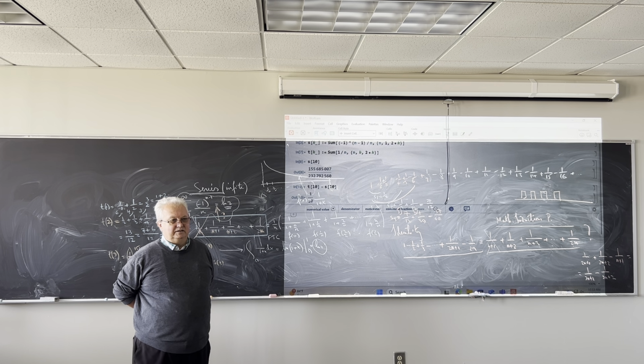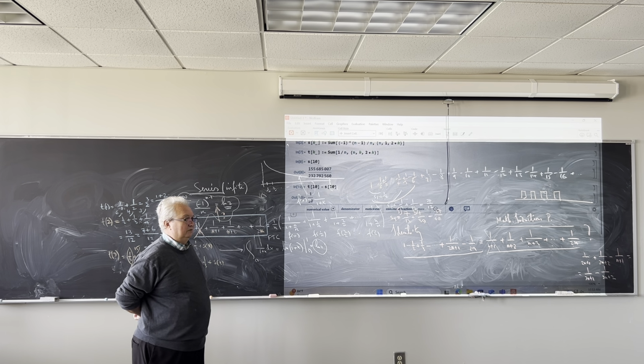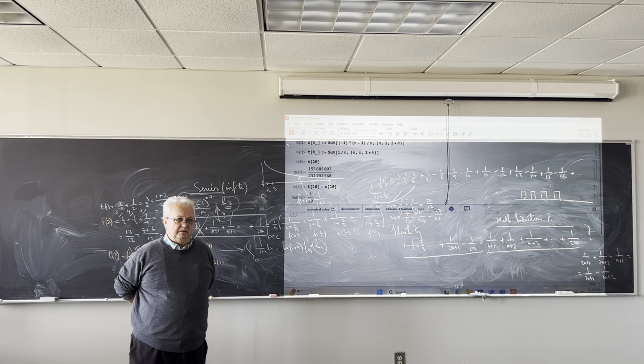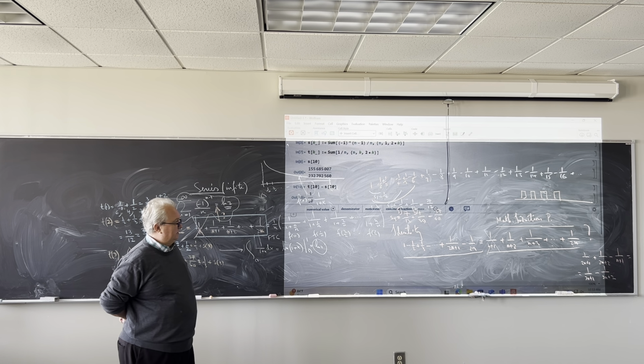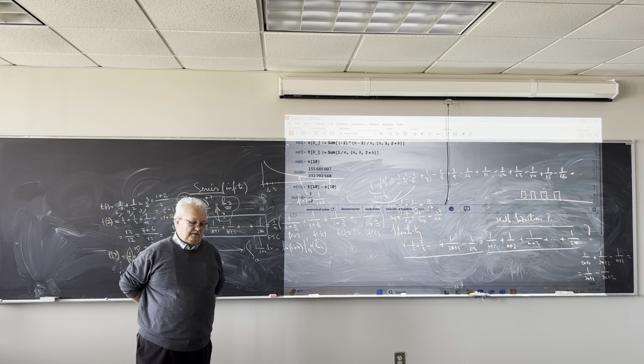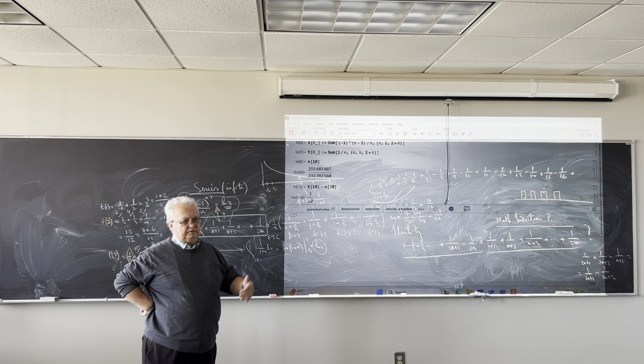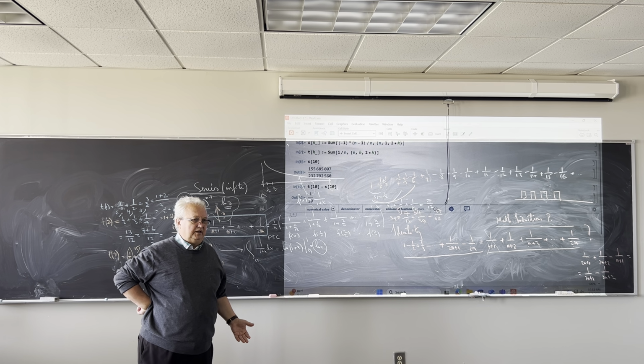Now there are some other rearrangements of the harmonic series that will give you some other values. One interesting thing here is that a rearrangement to give you a certain value is not unique.